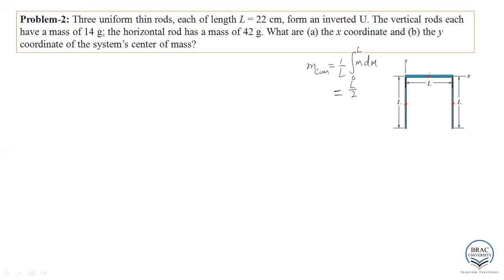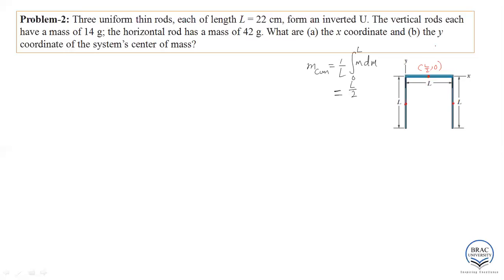And as we get the point, we can express this point in terms of coordinates. It is L by 2, 0, because the x coordinate is L by 2 and the y coordinate is 0, because here we consider that the left end of this horizontal rod is the origin for this two-dimensional coordinate system, and this horizontal rod is aligned along the x-axis, and the two vertical rods are aligned along the y-axis.